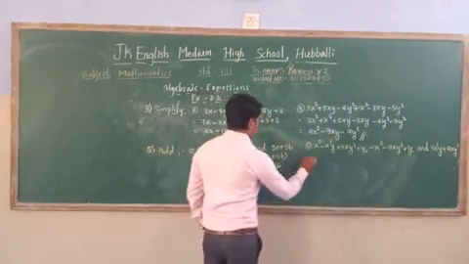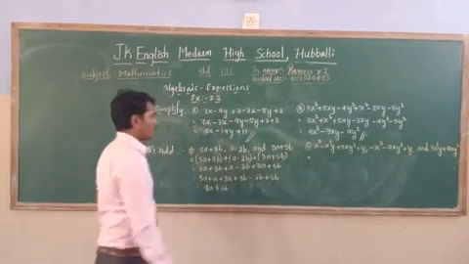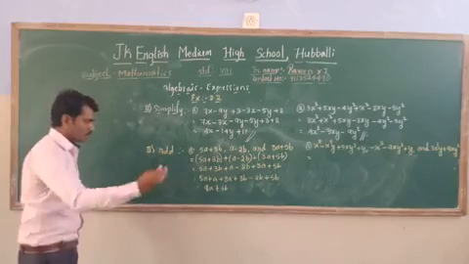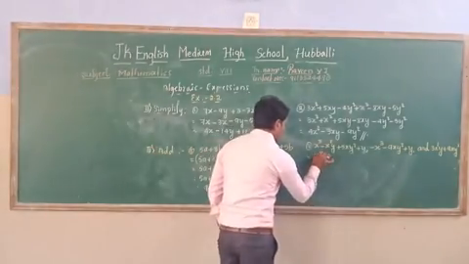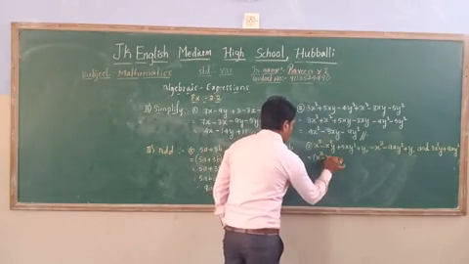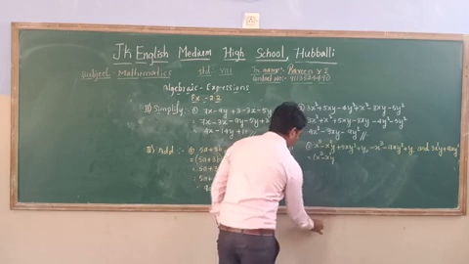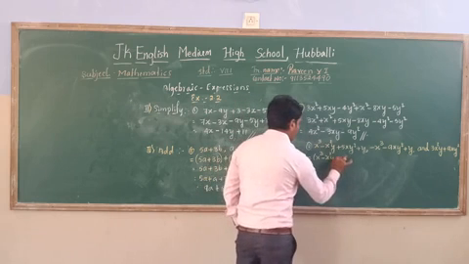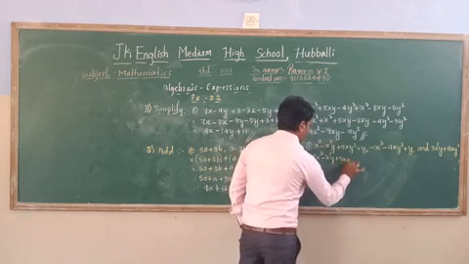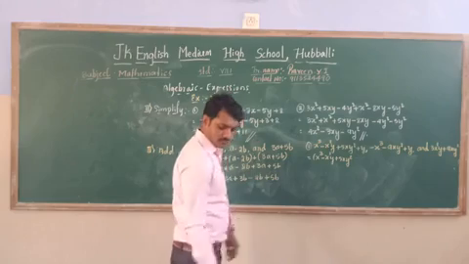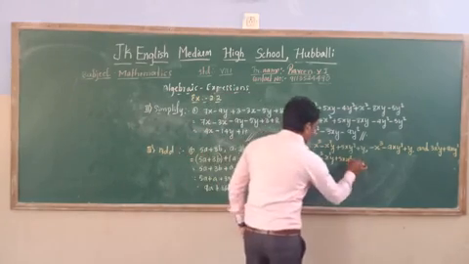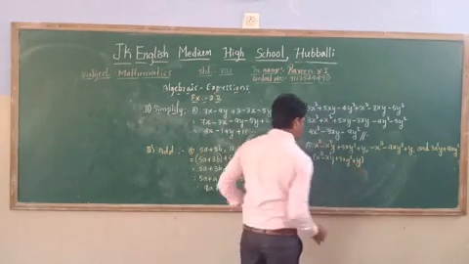Instead of commas we have to put the plus sign between them, outside the common bracket. Let us take them inside the common bracket. x cube minus x square y plus 5x y square plus y.